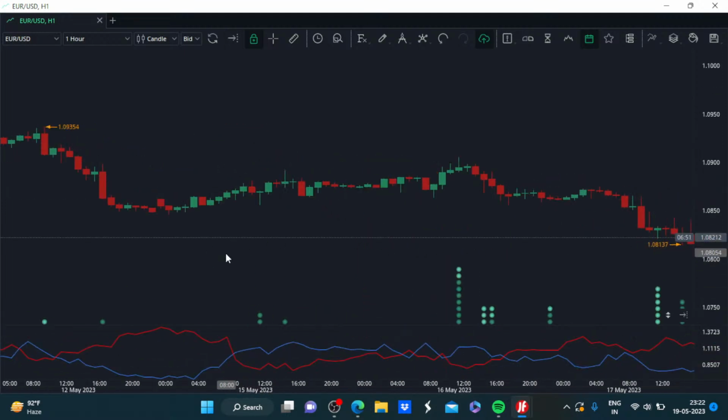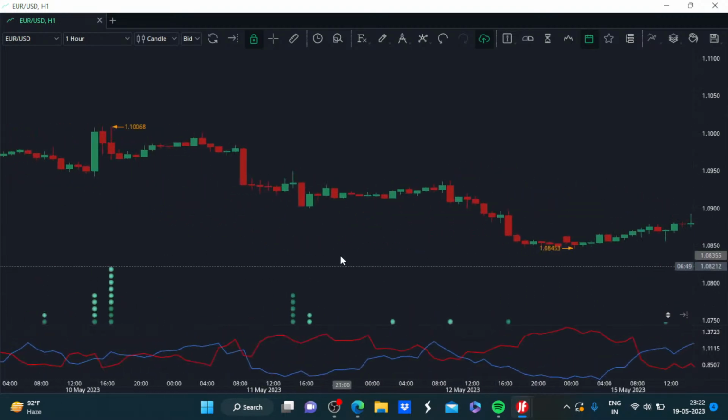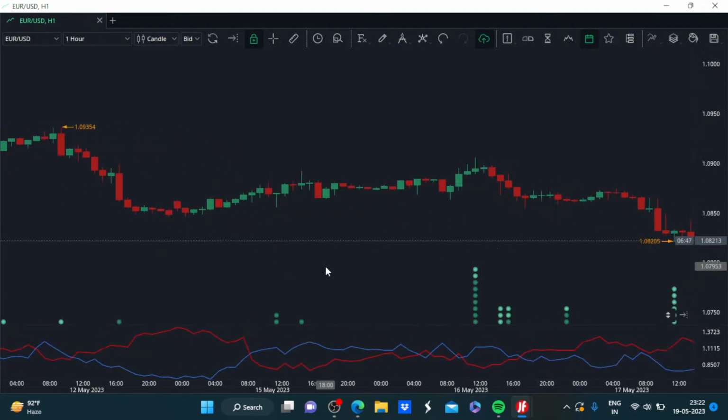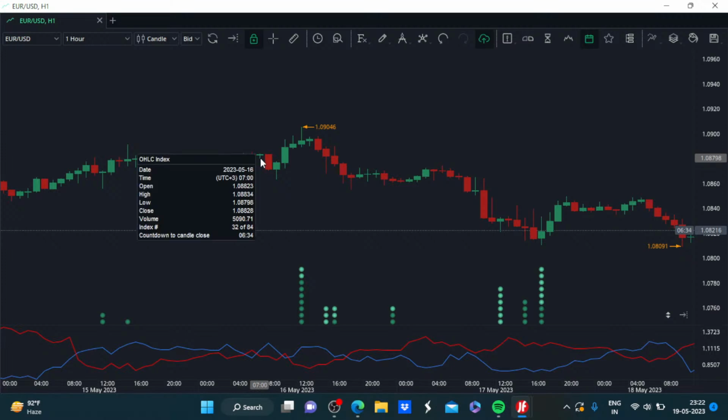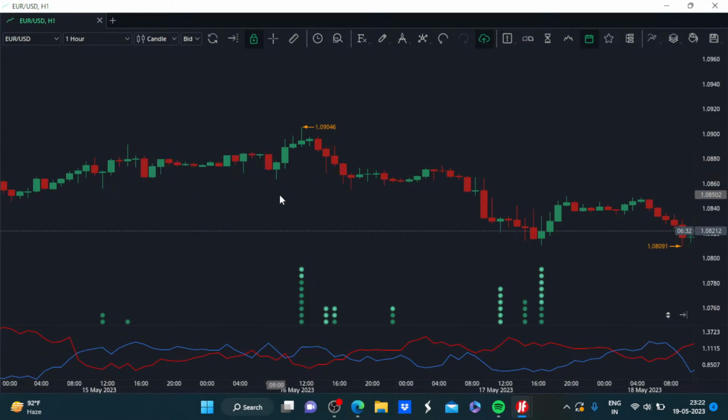Now let's go back in time and see how things have shaped up for this particular week. Starting this week, we had a slightly bullish momentum, which at some point in time even crossed to the negative side, but the move wasn't really sustained. It was part of this sideways trend.